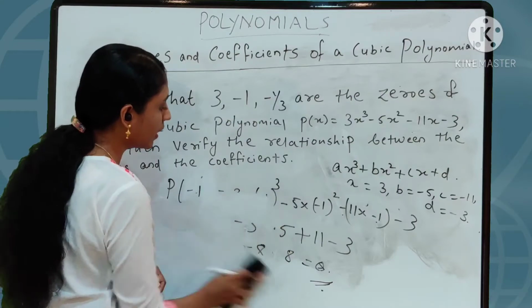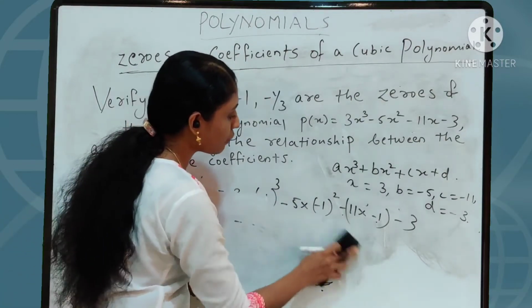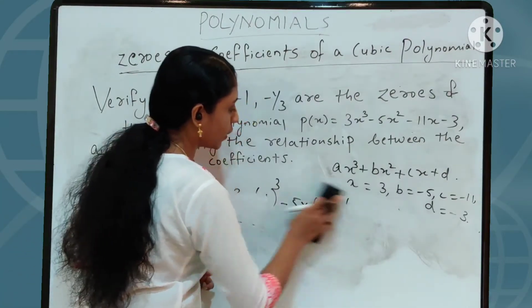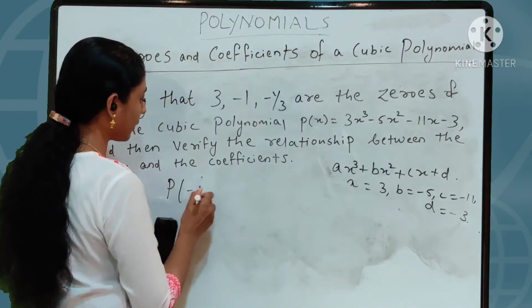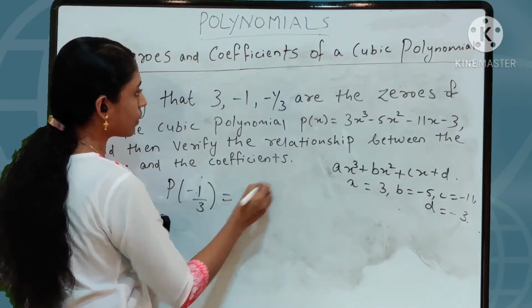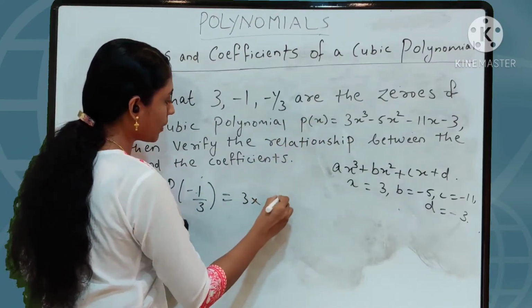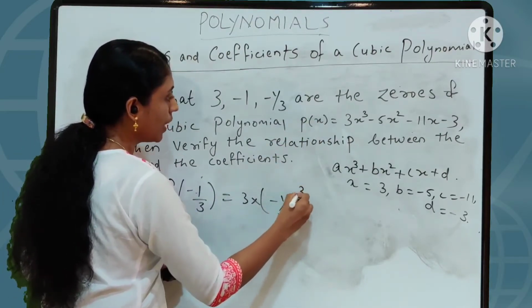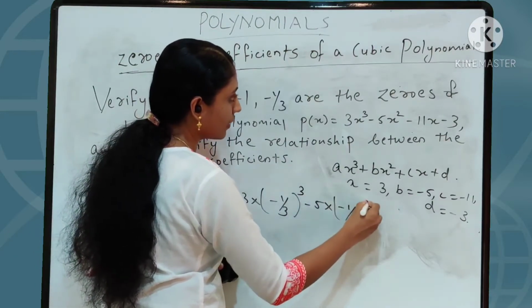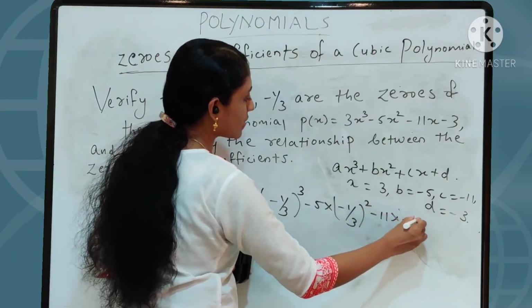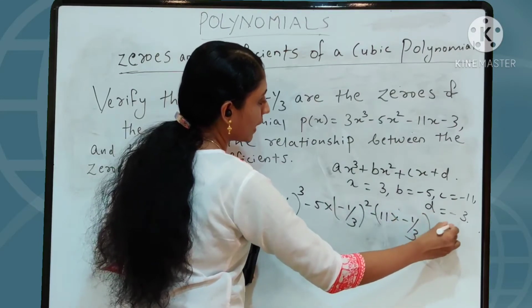Next we can put the value of x as minus 1 by 3 in the given equation. So we can write p of minus 1 by 3. P of minus 1 by 3 is equal to 3 into x cube, minus 1 by 3 the whole cube, minus 5 into x square, minus 1 by 3 the whole square, minus 11 into minus 1 by 3, minus 3.